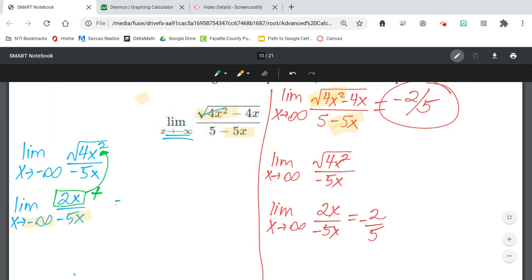So when I evaluate this, that 2 is always positive because it ends up being squared earlier, and you take the square root of it, and we can't take the square root of a negative number, otherwise we get something that doesn't exist. So that numerator is going to stay positive. The denominator, though, is going to have a negative 5 times a negative, and negative 5 times negative blah blah is positive. So this is equal to 2/5.